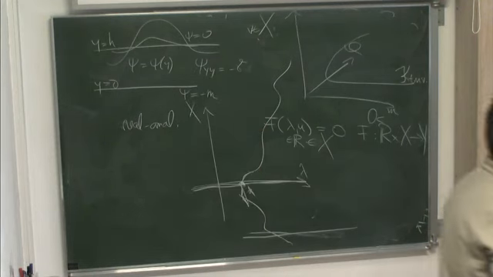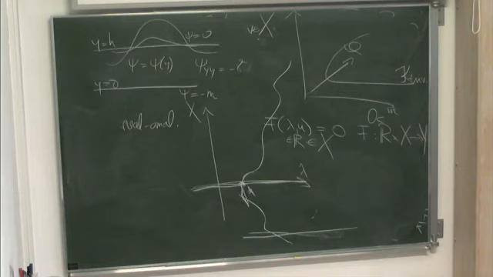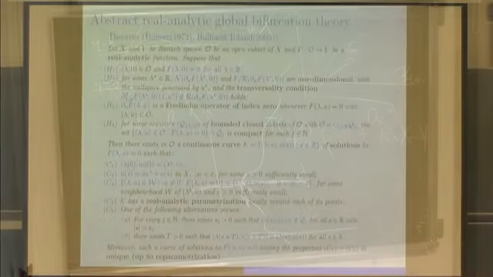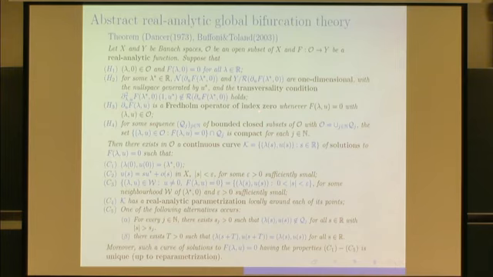in both directions if the following compactness assumptions are satisfied. The linearization with respect to u is Fredholm of index 0 along solutions, and bounded closed sets of solutions are compact.